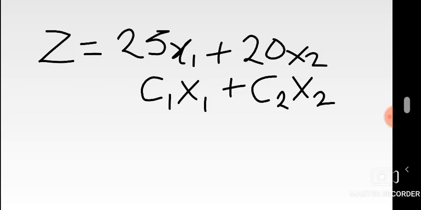Those letters you're seeing there represent the model that the objective function follows. The C stands for coefficient: C1 for x1, then C2 is the second coefficient, for x2. Here just try to get the concept.